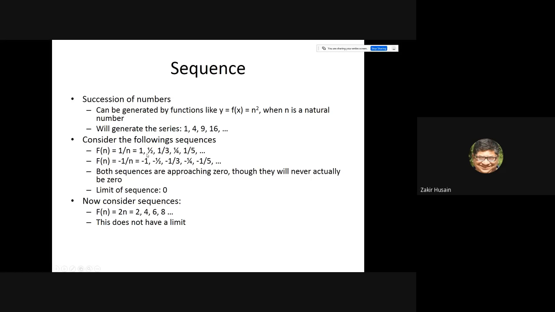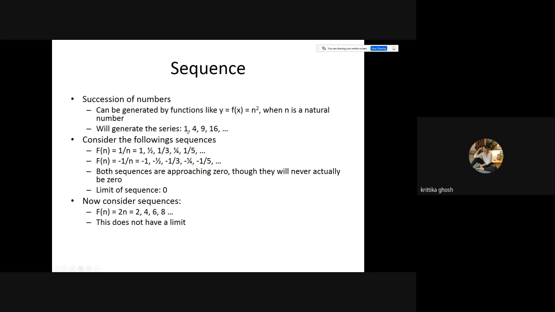Now look at this sequence: 1, half, 1 by 3. This is basically 1 by n. What is the difference between this and this? Both of them are sequences. What is happening to y in this series?